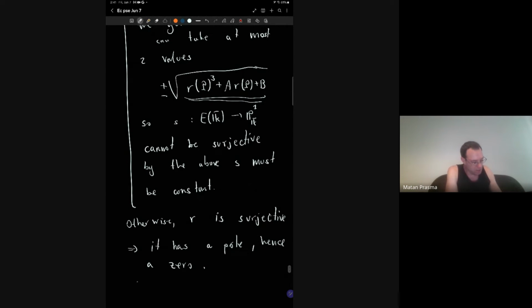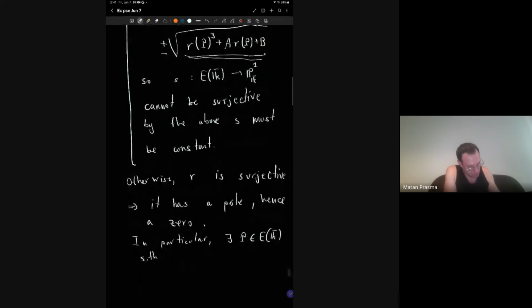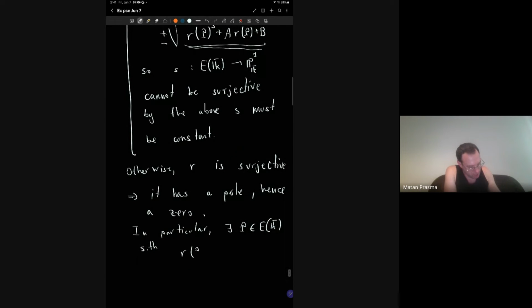In particular, there exists a P in E over K bar such that R of P is equal to infinity.